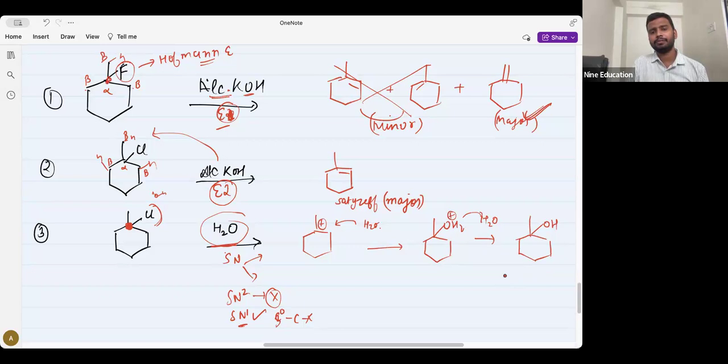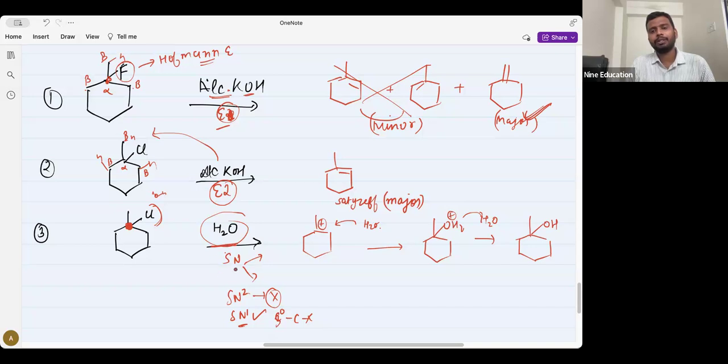याद रखें बेटा, for elimination you should see first the reagent. It is a base or nucleophile. If it is a base, go for elimination E1 or E2. If it is a nucleophile, then you have to see SN.